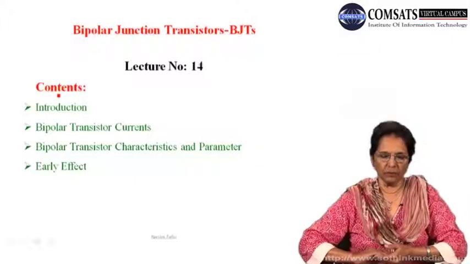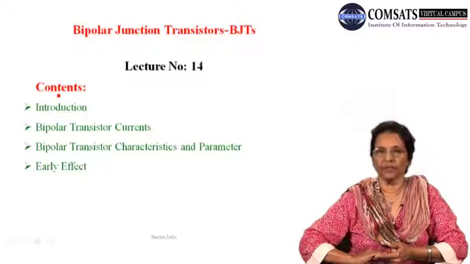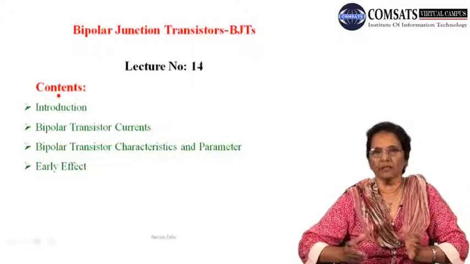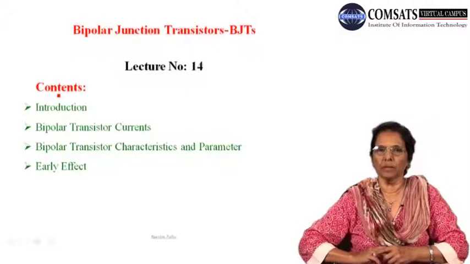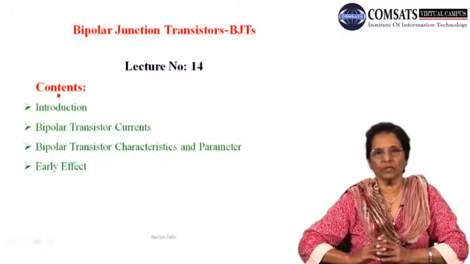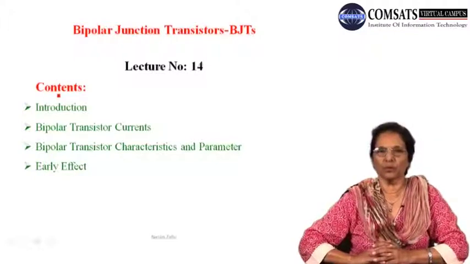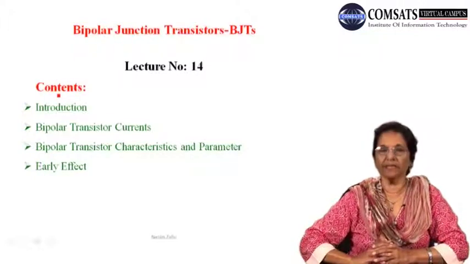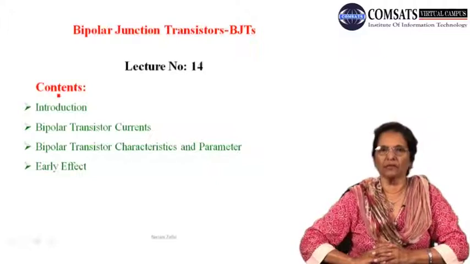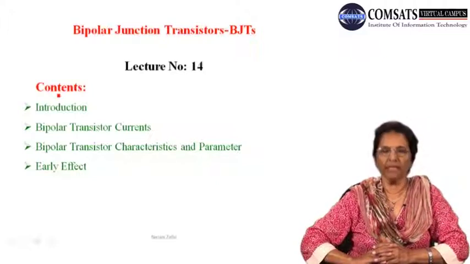So here is the list of the topics that we would like to cover in this current lecture. That is, what are the various current components in a bipolar junction transistor, and then we would like to discuss the current voltage characteristics both for the PNP as well as NPN transistors, and then we would like to discuss the various gain factors, namely the hybrid parameters or characteristic parameters in the output as well as in the input current voltage relationship in a diode, in a transistor.